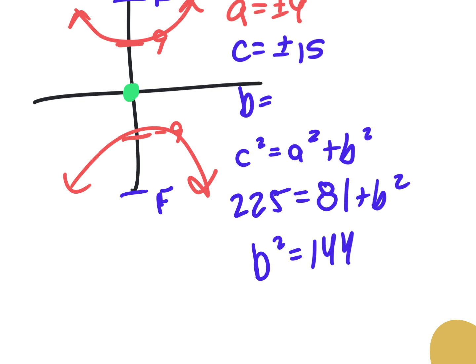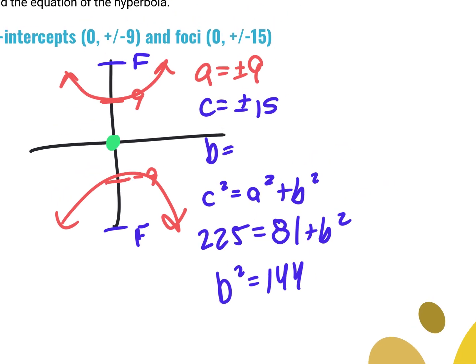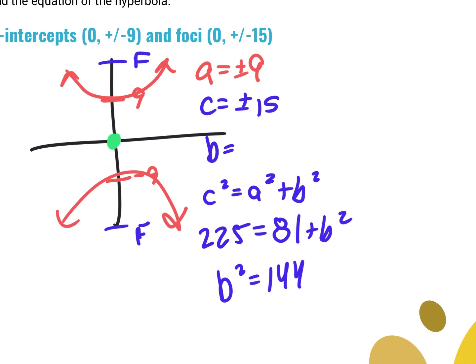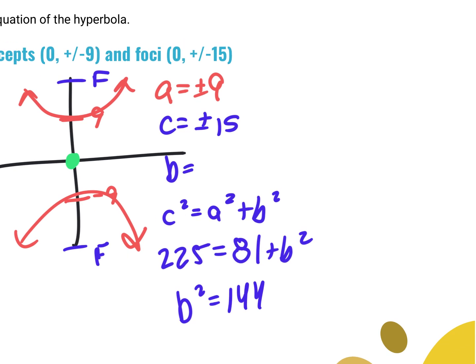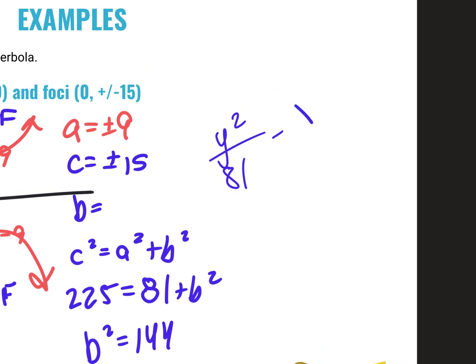B is plus or minus 12, but we don't need to worry about that because we just need B squared. Since this is an up-down, a vertical one, what's going to come first? Perfect, y squared. So y squared over 81 minus x squared over 144 equals 1.